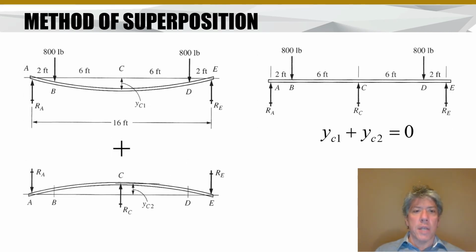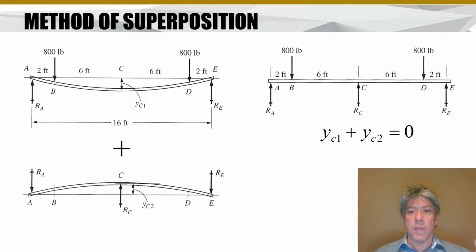Here's another example where we have a beam on the right that has 3 supports and 2 loads, and we realize that the ends don't move, the center can't move either up and down, but we're going to model this as if that center support was an external load that moves the beam in the center an equal and opposite distance to what the 800-pound loads are going to do.